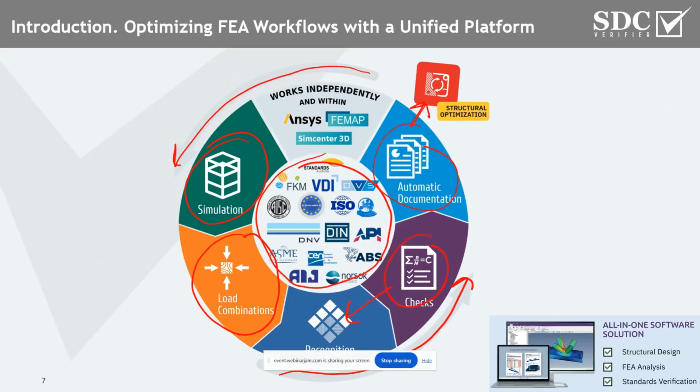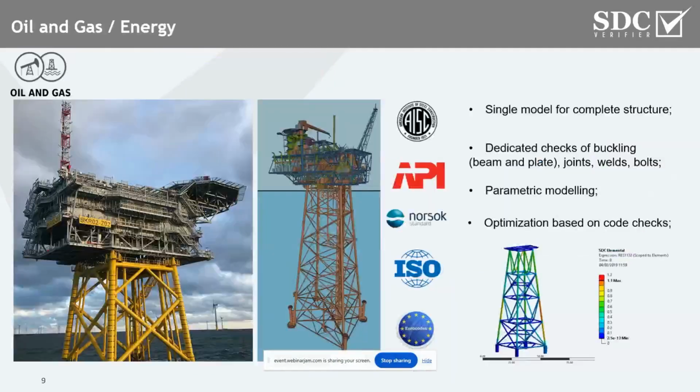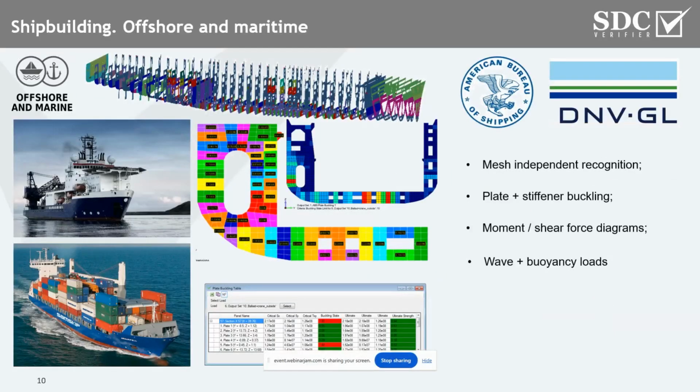Of course, a typical question is, is it specific software for a single industry? No, it's involved in multiple industries. Whether this is oil and gas or the energy industry, for example, verifying your platforms according to API, ISO, AISC, Eurocode standards, or the shipbuilding industry, where plate buckling is a pretty common issue, as well as fatigue.